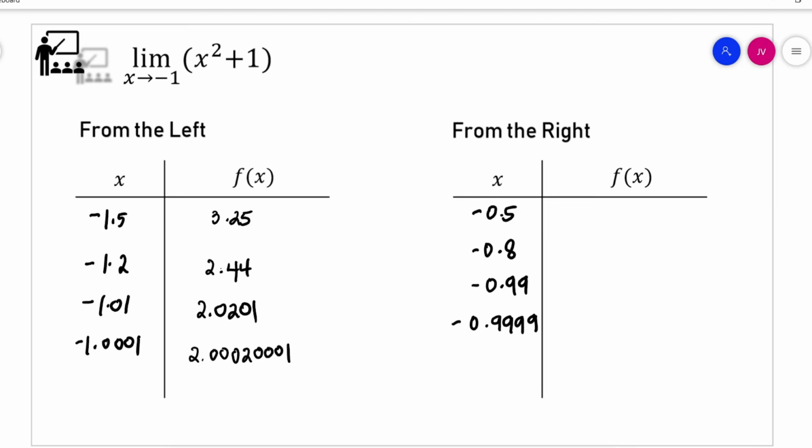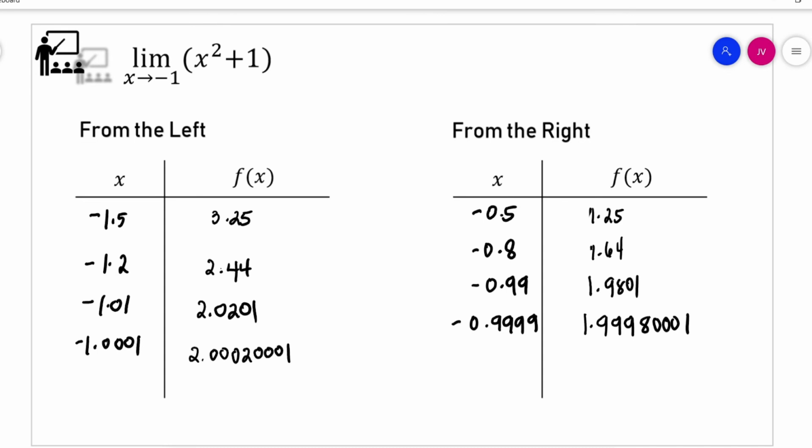Ayan. Sa right hand limit naman, we have 1.25. We have 1.64, 1.9801, and we have 1.9998001. So ito ang value ng f of x natin.